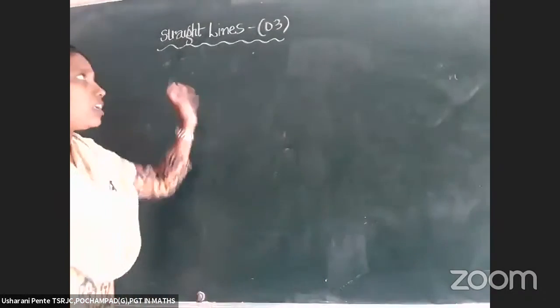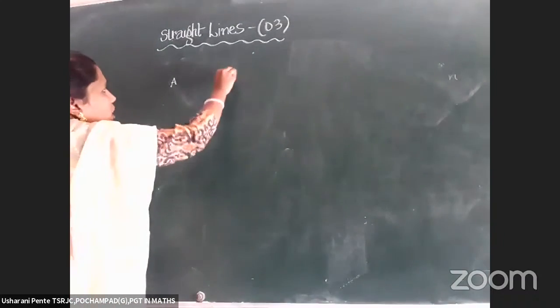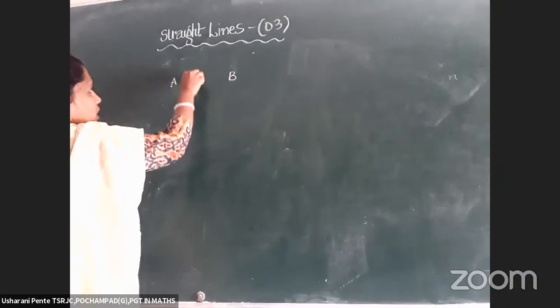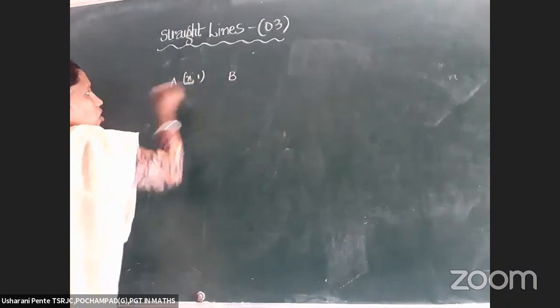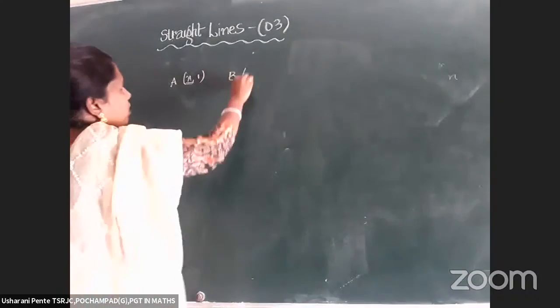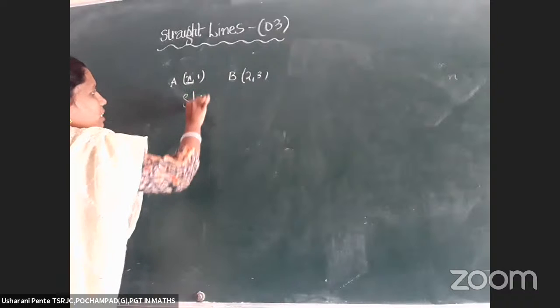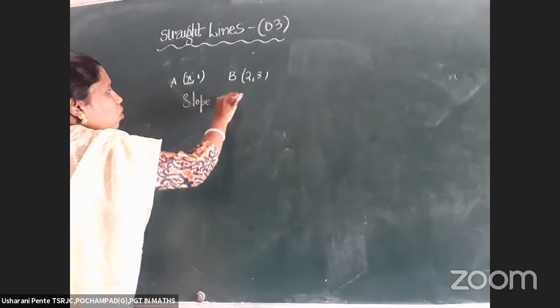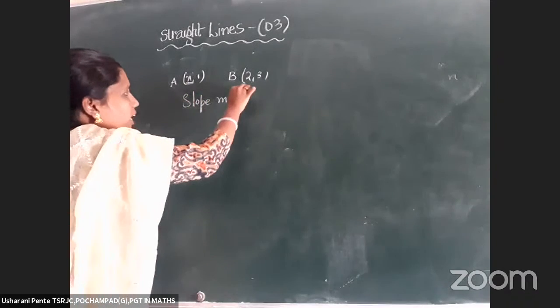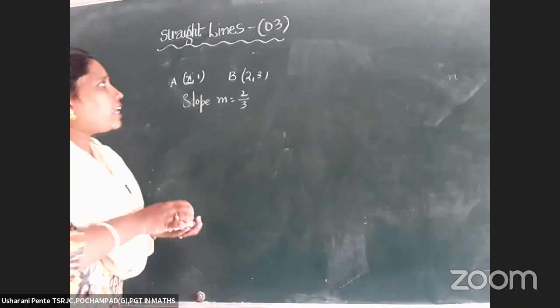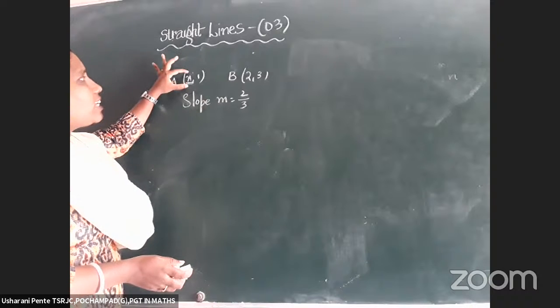And if, out of the two points, one coordinate is unknown and the slope is specified, let it be 2 by 3, then how to find this x coordinate?